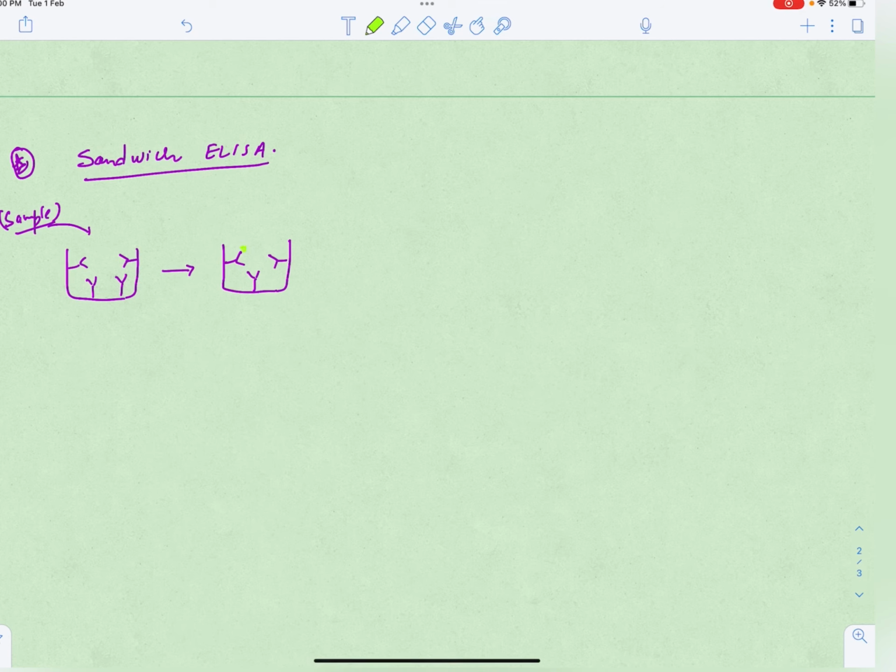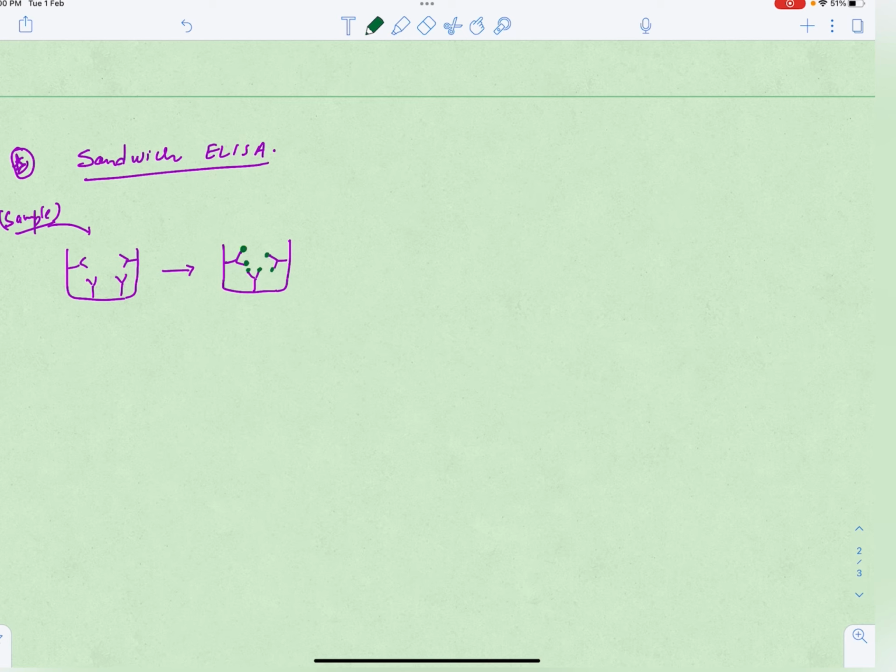This green one would be the antigens from the patient sample, binding to the antibody adsorbed on the well. So the sample containing antigen is added and allowed to react with the immobilized antibody.